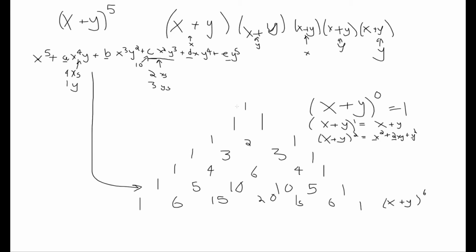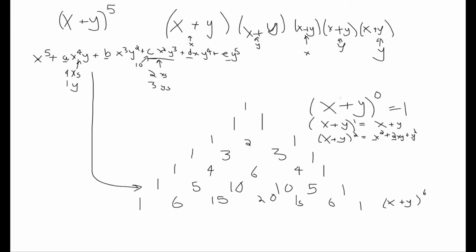So each row would correspond to a different set of coefficients for x plus y to some power. So the first row represents x plus y to the 0, second row x plus y to the 1, third row represents the coefficients for x plus y squared, and then as it goes on, it goes on for however many x plus y to some power.